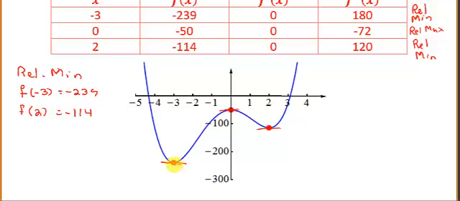Remember we said that the relative minimum was the height at the bottom of a valley. So -239 is how high we are at the bottom of this valley, and -114 is how high we are at the bottom of this valley. The relative max is f of 0, which is -50. Remember, the relative max is the height of the top of this hill, and that height is -50.